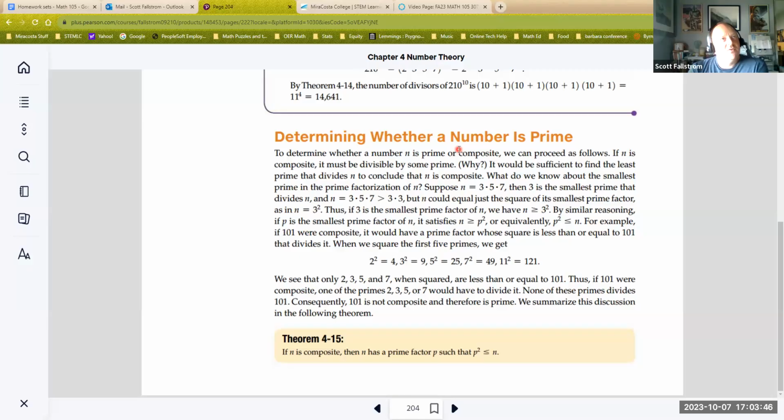But what you get to know is if it is composite, there has to be a pair of factors, one below and one above. For the number 32, you could have 2 times 16, and you could also have 4 times 8. For the number 36, we could get 4 times 9, but we could also get 6 times 6.